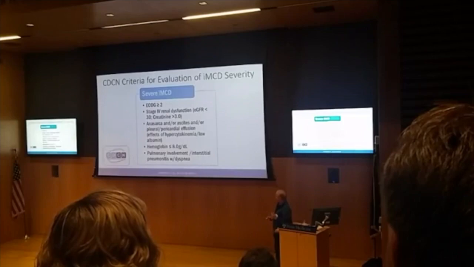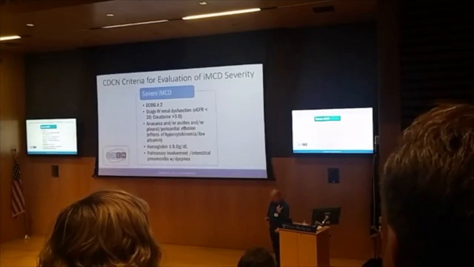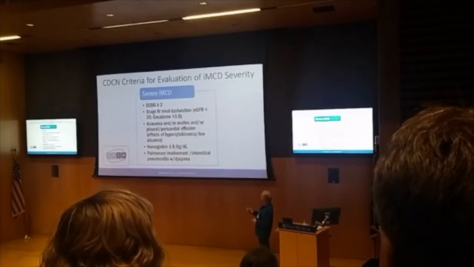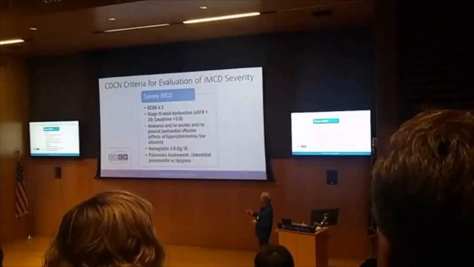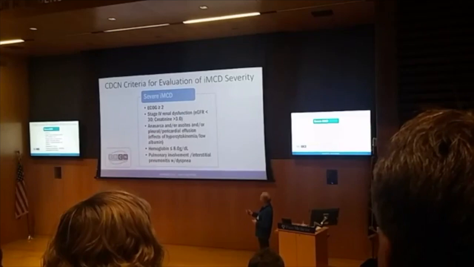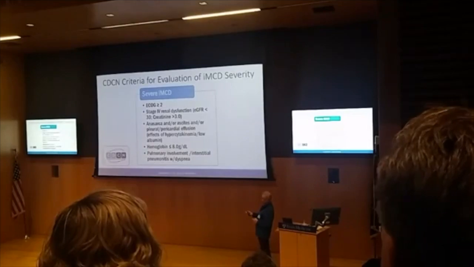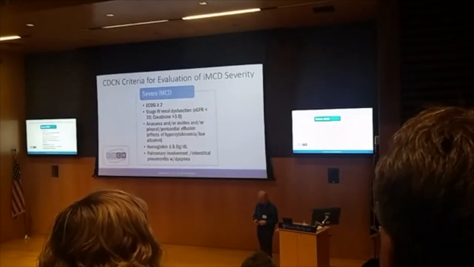We established official criteria, which we recently published in this Blood paper. So you have a very poor performance status, bad renal function, and then this massive swelling. Usually patients are very anemic and they can have trouble with their lungs. So these patients are quite easy to recognize.